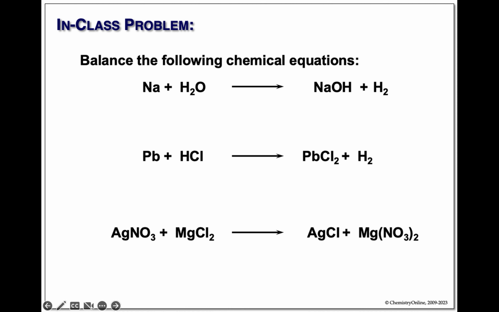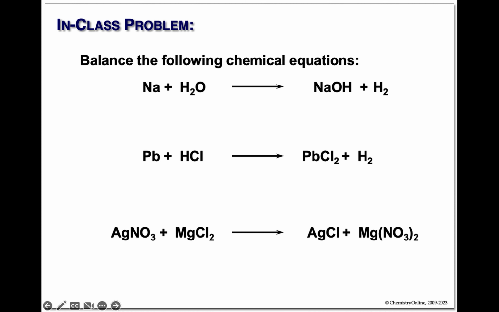One sodium on each side, 1 oxygen on each side. We have 2 hydrogens here, 1, 2, 3 on this side. So let's fix that by putting a 2 in here. Now we have 1, 2, 3, 4 hydrogens.